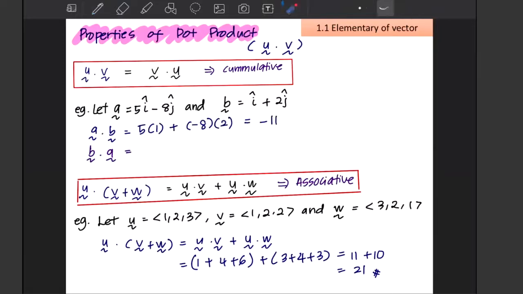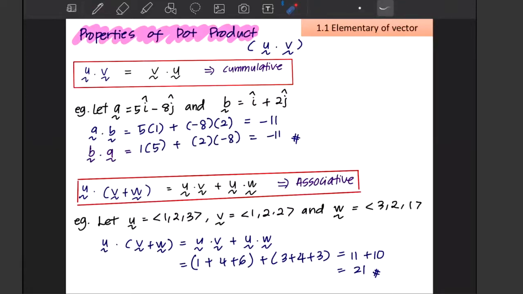So you multiply the same components. If you want to find b dot a, 5 plus 2 times negative 8, you will get the same answer. Dot product is commutative.